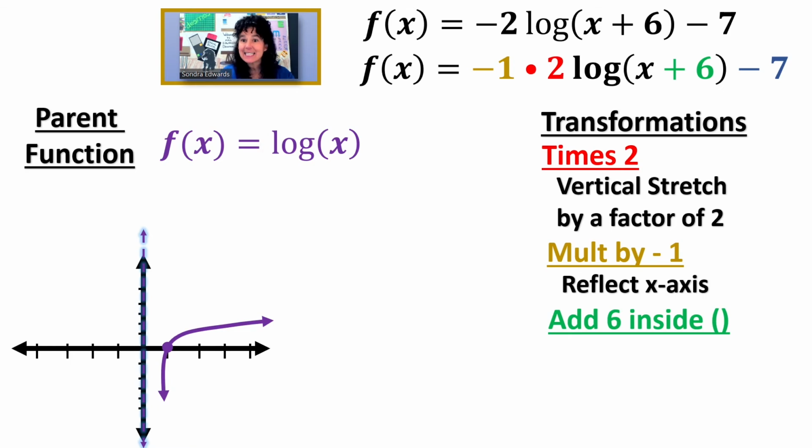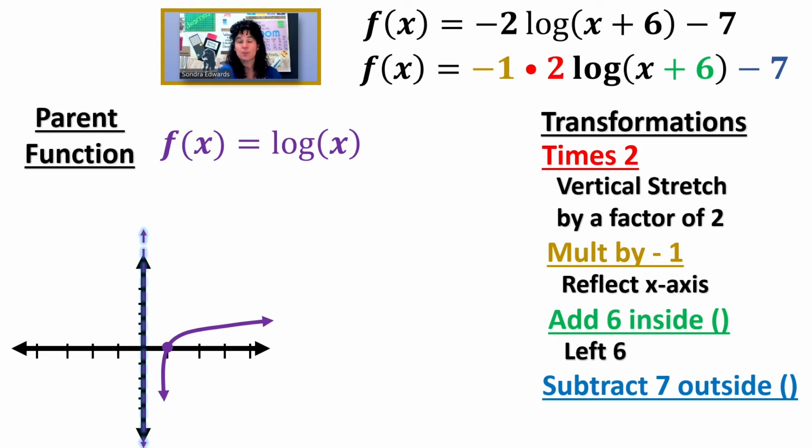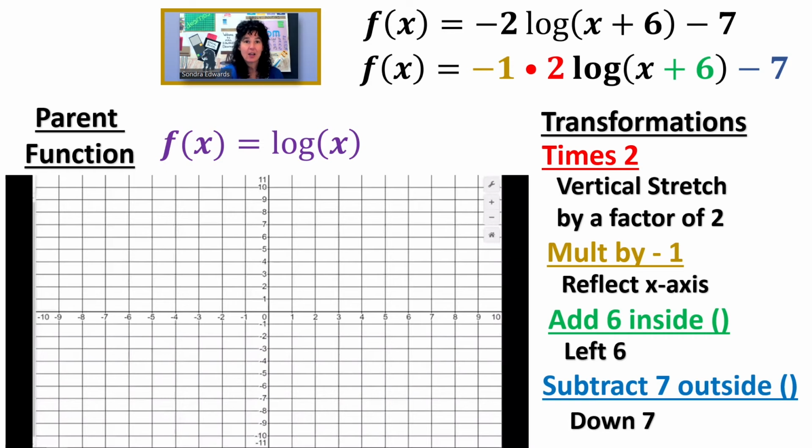Add 6 inside of grouping symbols. That's going to move us left 6. And then the -7 outside of grouping symbols is down 7. All right, I'm going to go ahead and make that sketch.